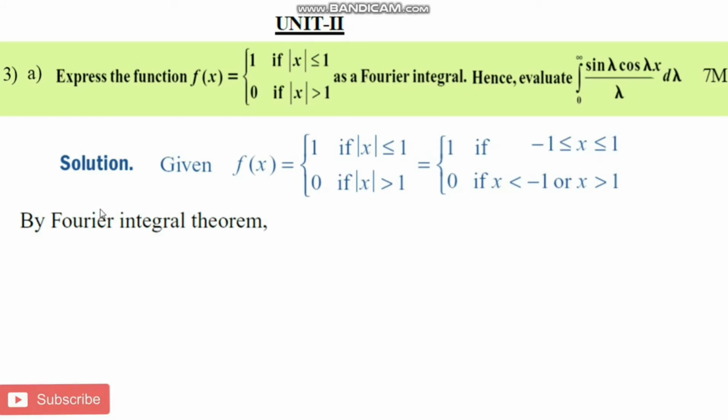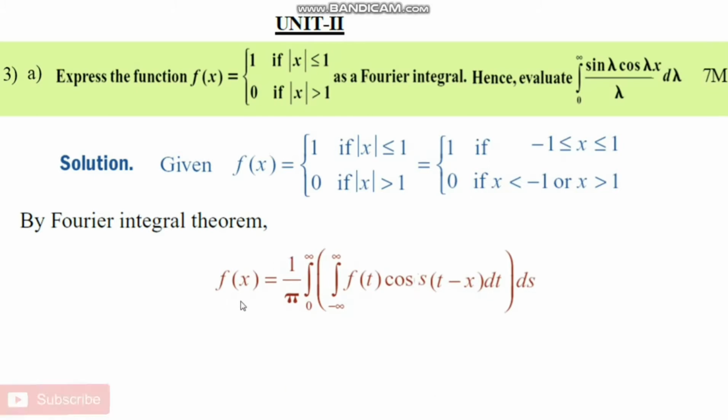Basically, we know the Fourier integral theorem. By the Fourier integral theorem, f of x equals 1 by pi integral 0 to infinity, integral minus infinity to positive infinity, f of t cosine s times (t minus x) dt ds. It is the generalized Fourier integral theorem.